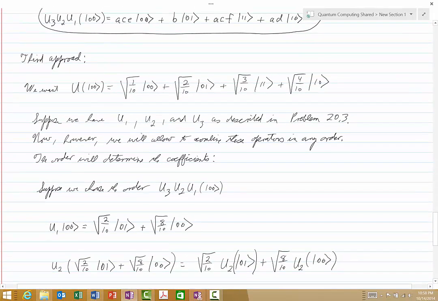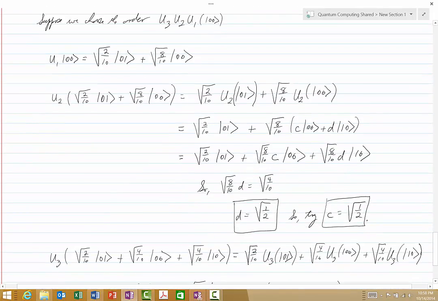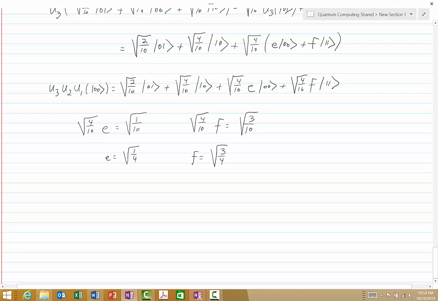The coefficient of 1 1 is desired to be square root of 3/10. And so we get square root of 4/10 F is equal to square root of 3/10. The other two coefficients here are already determined. And so, of course, we get E equals square root of 1/4, and F equals square root of 3/4.